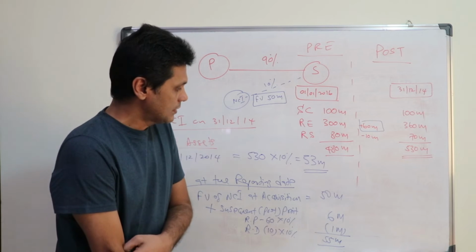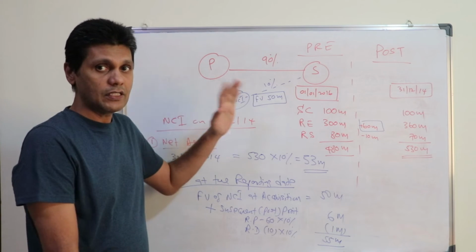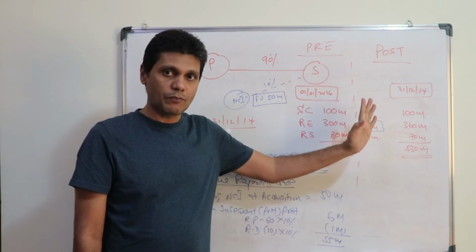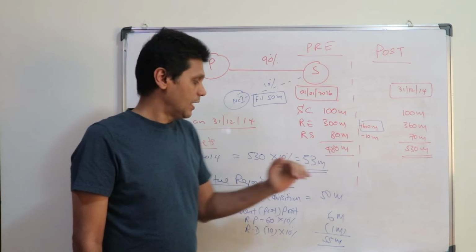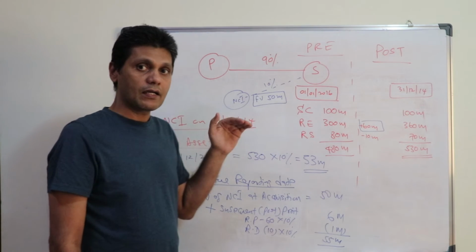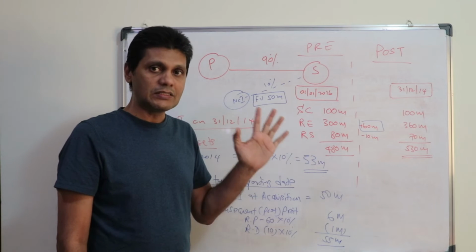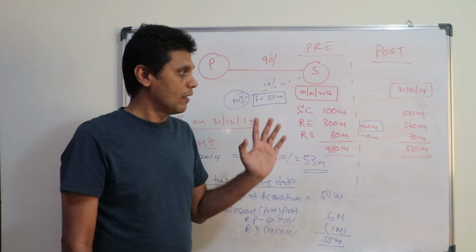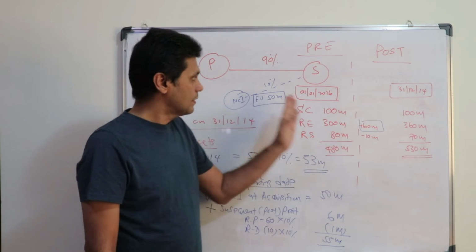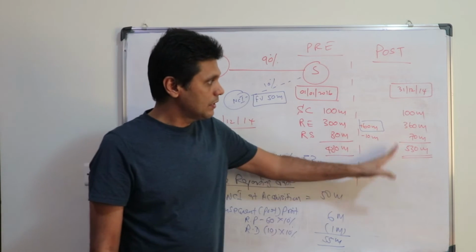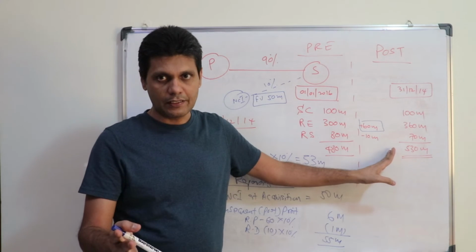So basically, this is how you calculate the non-controlling interest when pre and post acquisition profits are given. If the NCI is calculated as a proportion of net assets, to save time, you can straight away apply the percentage of NCI on the net assets at the reporting date.